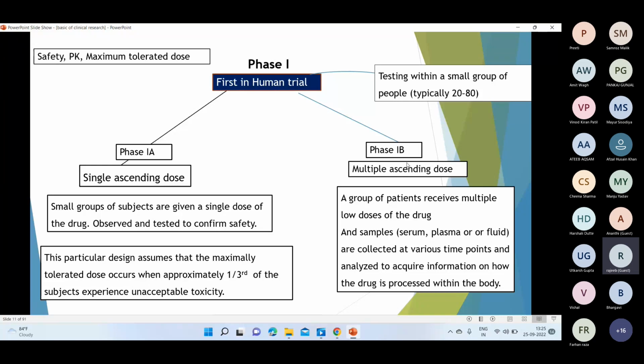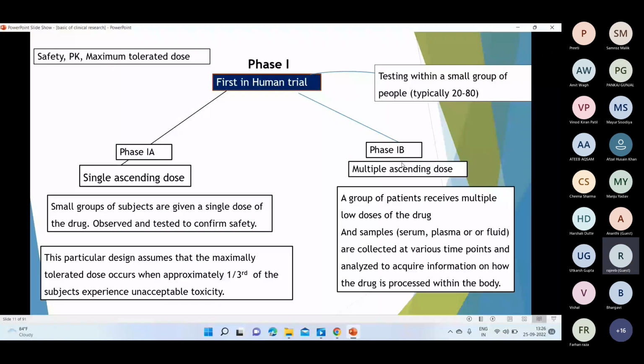So in phase 1 clinical trial, which is first in human trial, we determine the safety, maximum tolerated dose, and PK parameter. Now, what is safety? As I said, safety means the subject is not having unintended effects of the drug. For example, if the drug is meant for blood pressure, it should not cause constipation, diarrhea, or malaise, or high blood pressure, or diabetes.